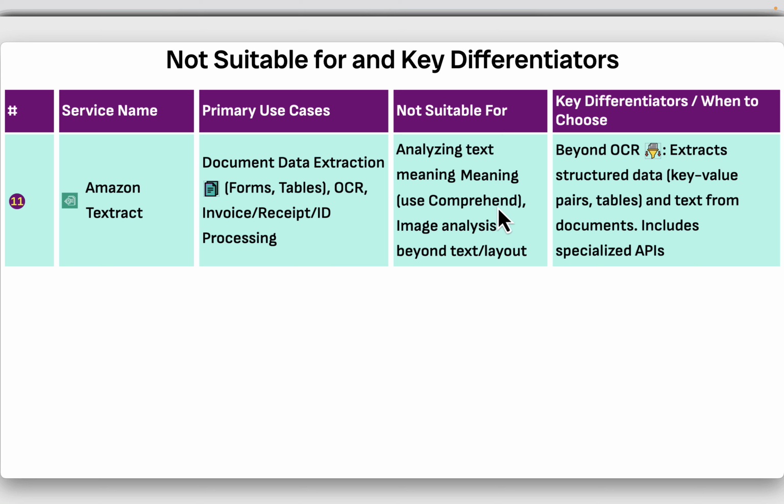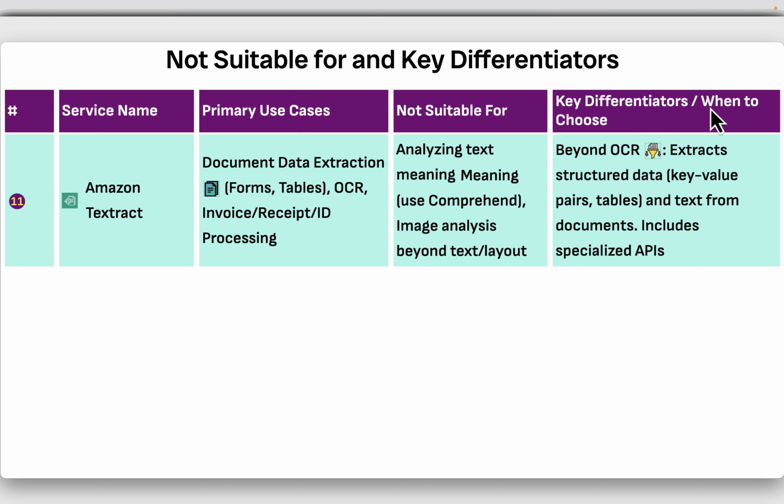For that, use Comprehend, because it has text understanding, so it can figure out what the text means in a conversation or when it reads a body of text. This is not suitable for image analysis beyond text and layout. So basically, if it is there as part of OCR, it can actually extract that text.